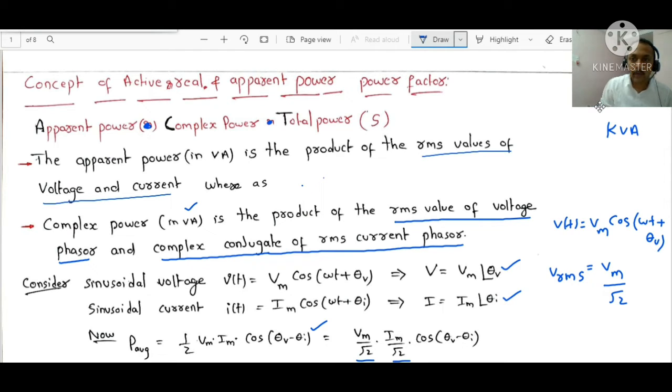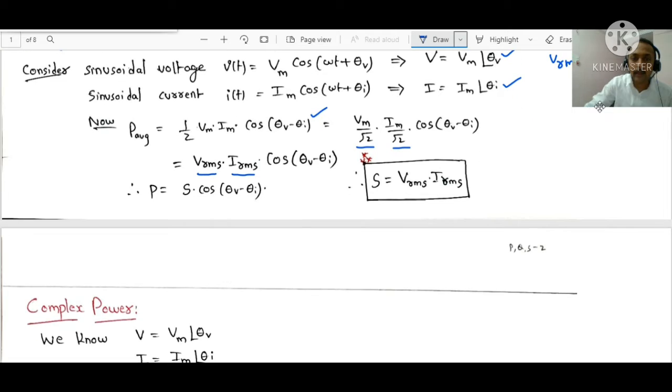It is nothing but the product of RMS values of voltage and current, simply Vrms into Irms. Very, very important. S equal to Vrms into Irms. If sinusoidal is given, take the Vrms value as Vm by root 2 and the Irms value as Im by root 2.